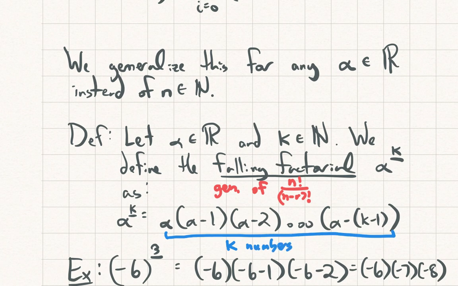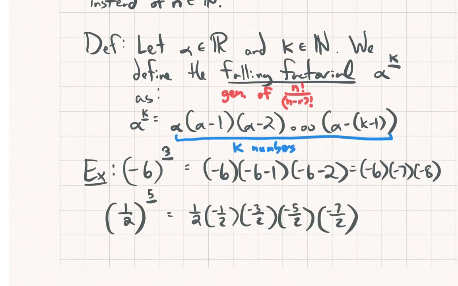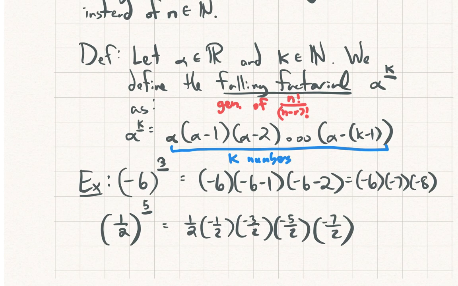So just as a quick example, we can see that negative 6 falling factorial 3 is negative 6 times negative 6 minus 1, so that's negative 7, times negative 8. So negative 6 times negative 7 times negative 8.